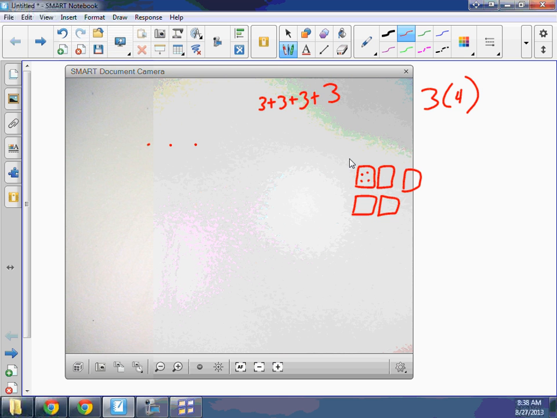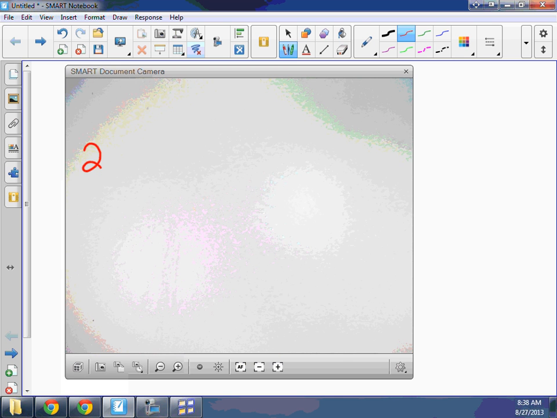So what about the squared versions? What does it mean to square something? So your next box is 2 squared. What does it mean to square something?